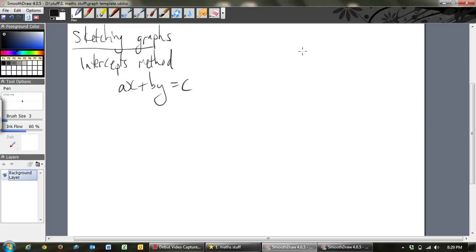What we need to understand before I get going is what we mean by X-intercept and Y-intercept. Remember, up the top, your vertical is your Y-axis, your horizontal is your X-axis.